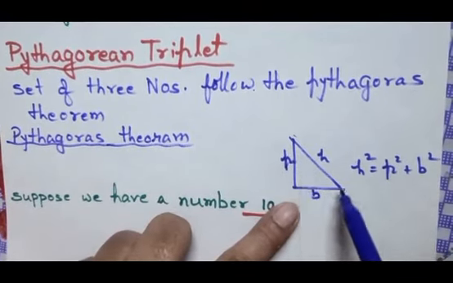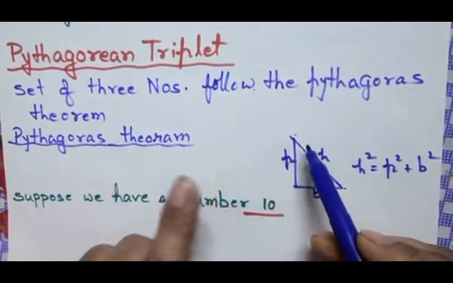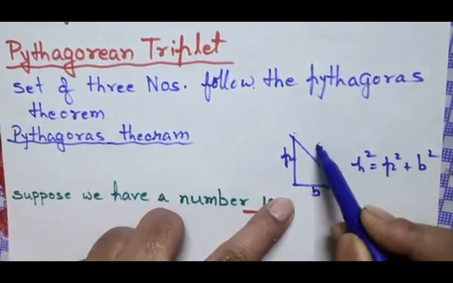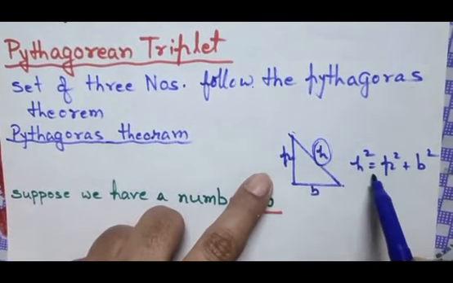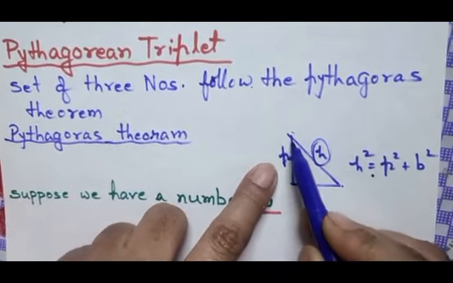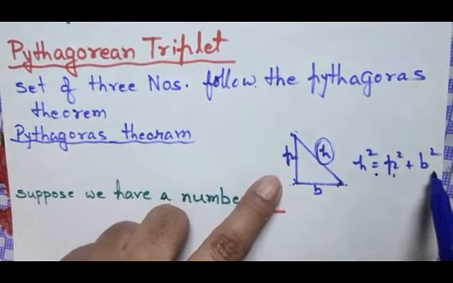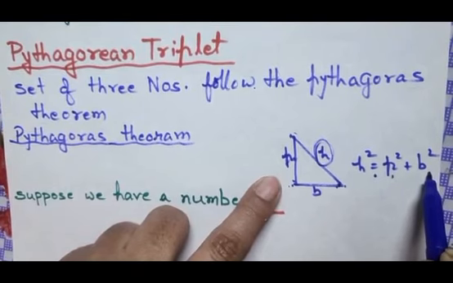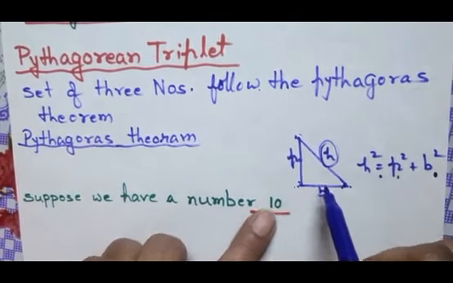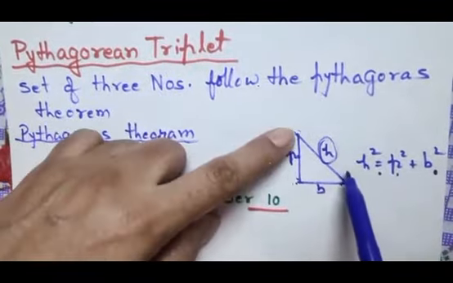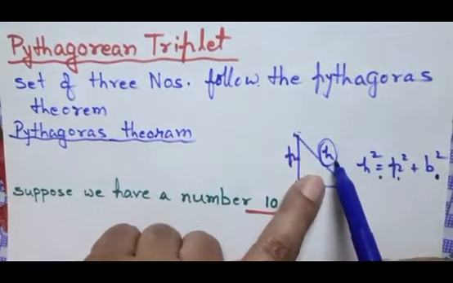It is a right angled triangle. Pythagoras property says the square of the hypotenuse is equal to the sum of the squares of the two perpendicular sides. They are perpendicular and base. You know very well that hypotenuse is the longest side.